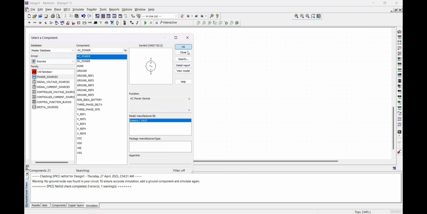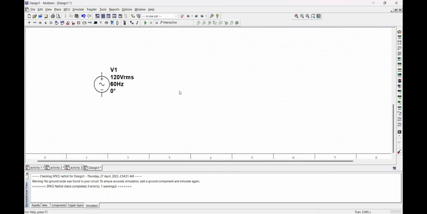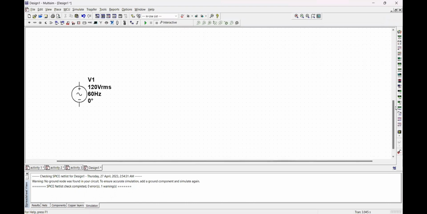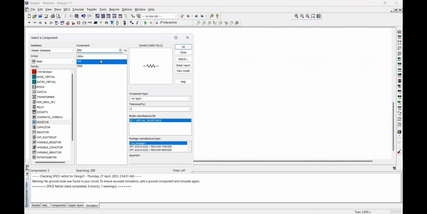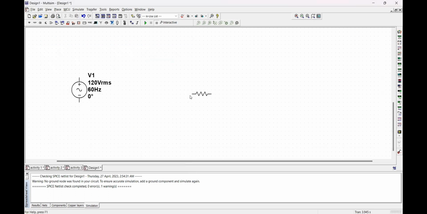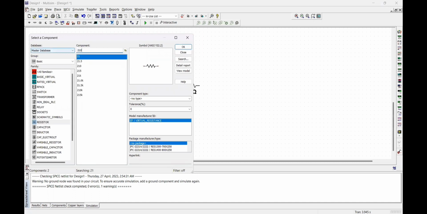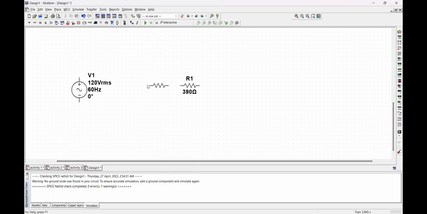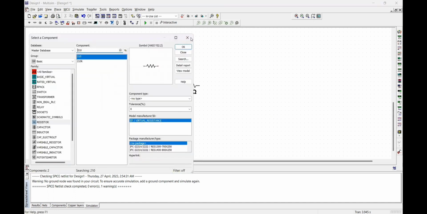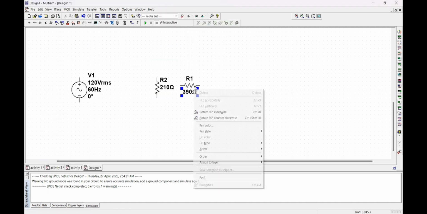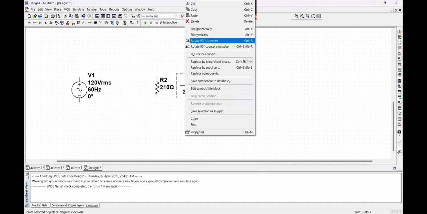Firstly, we have to choose the AC power, and after that we choose the resistor, same as before. For the first one it is 390 and 210, and then we rotate it to make sure it looks good.